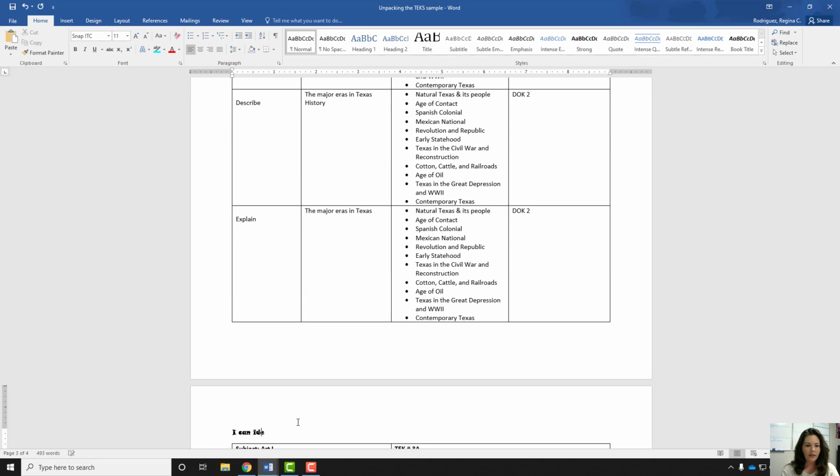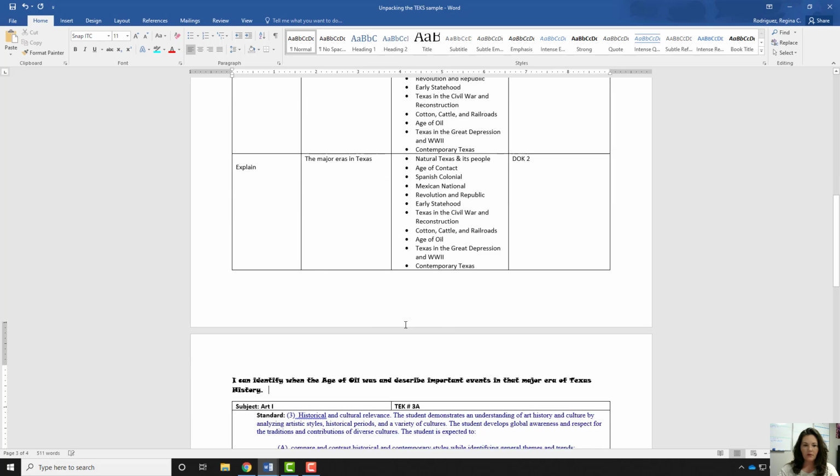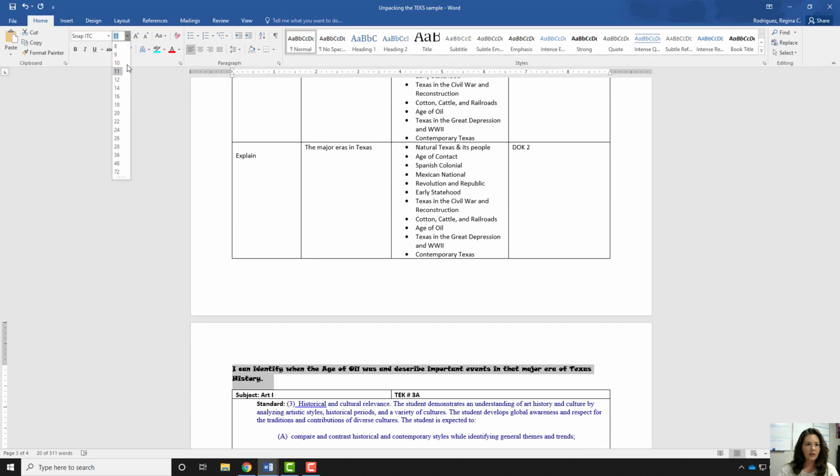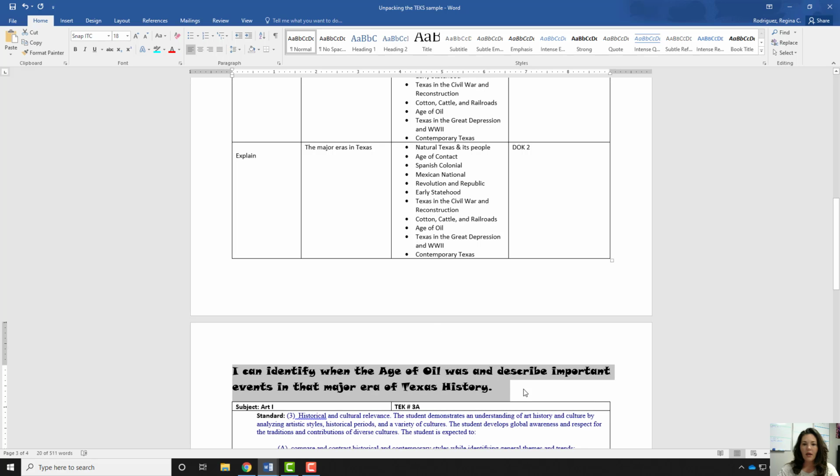I can identify when the age of oil was and describe important events in that major era of Texas history. See how I blended these three pieces of the chart together to make that statement. That is enough probably for 2 or 3 class periods, maybe 2 to 3 weeks, depending on how many important events were in the age of oil.